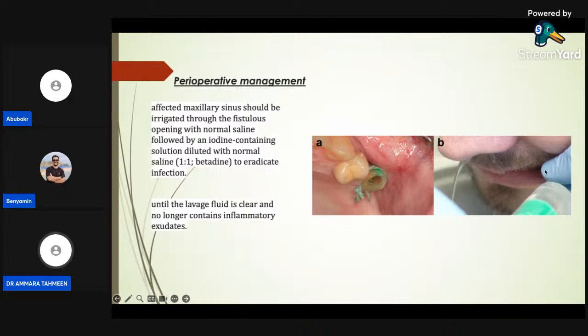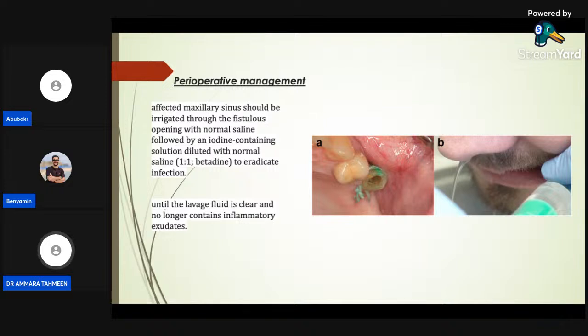First the irrigation is done with plain normal saline. Then a 1:1 dilution of the normal saline with betadine solution, that is an iodine-containing solution. You first keep pushing the normal saline without any other solution until you see clear fluid coming out of the nose.